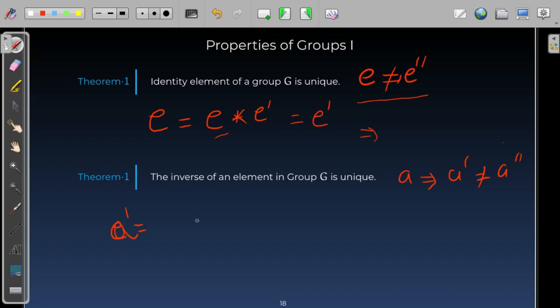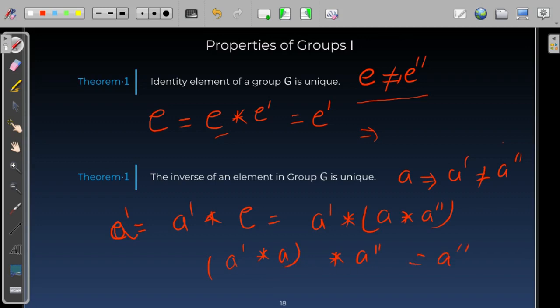A dash can be written as A dash with the group operation E, and then I can write this E as A star A double dash, because A double dash is the inverse of A. When we operate these two, I will get A, and if I change the order, I will get A dash star A, and then A double dash, and you can see that this is going to be E, and then E operated with A double dash is going to give me A double dash.